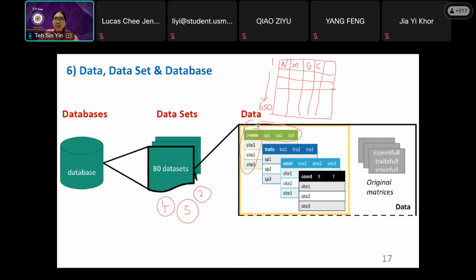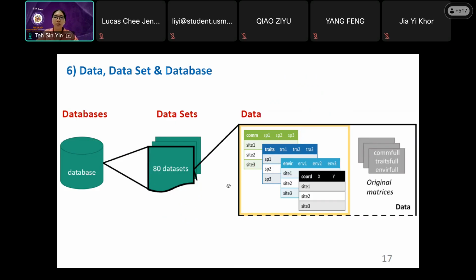So data combined becomes data set, combined becomes database. You need to know the correct terms to be used. It is not difficult, but just use the correct terms: data, data set, database. All right.